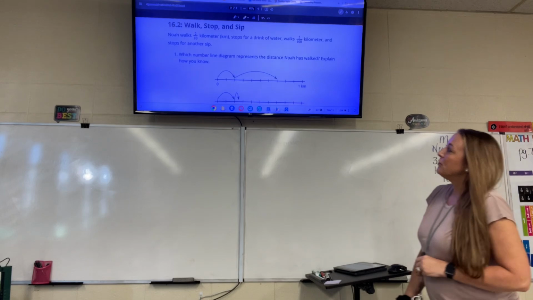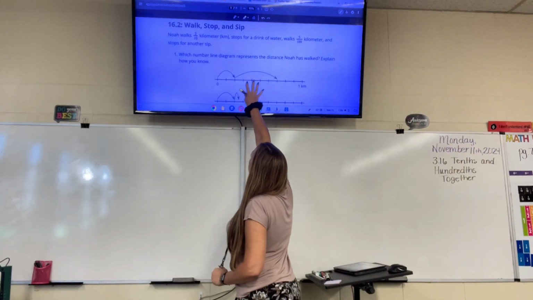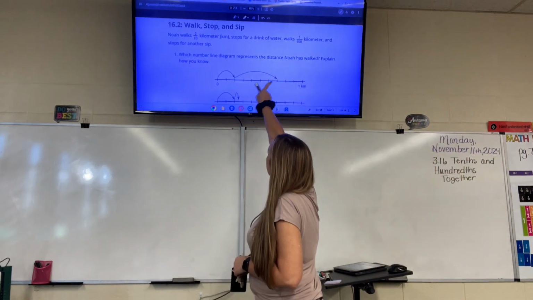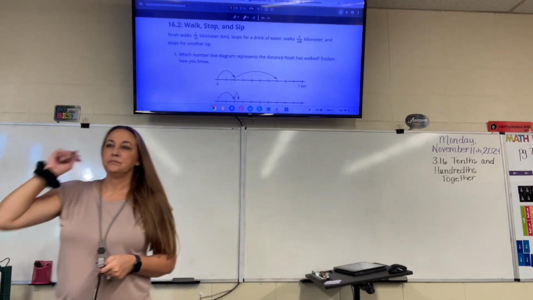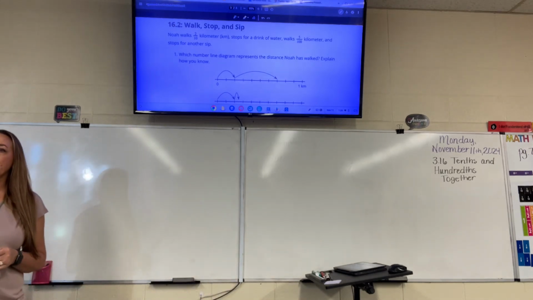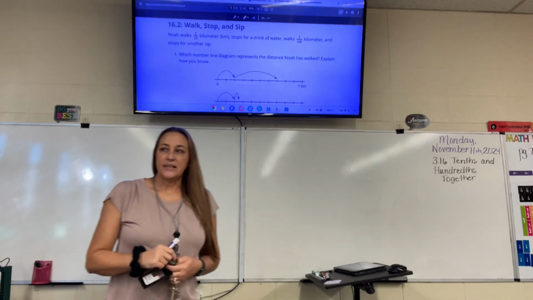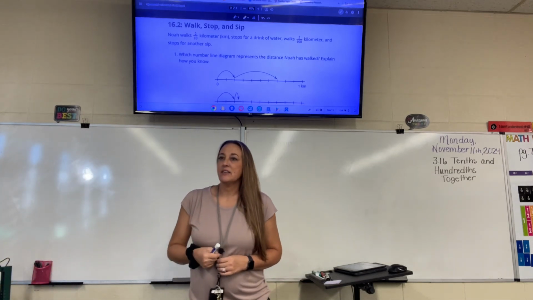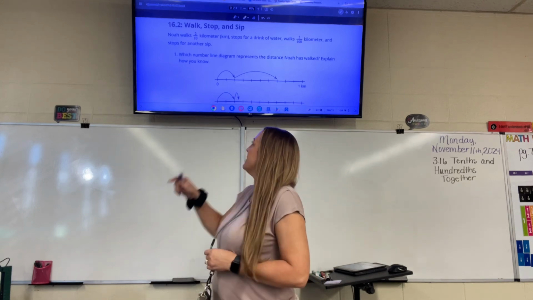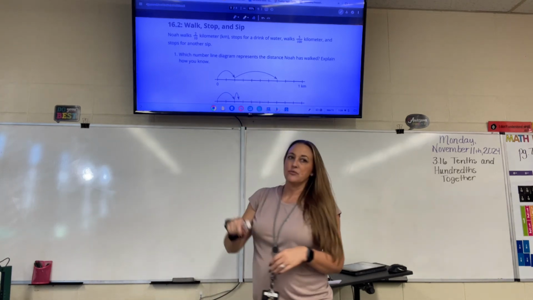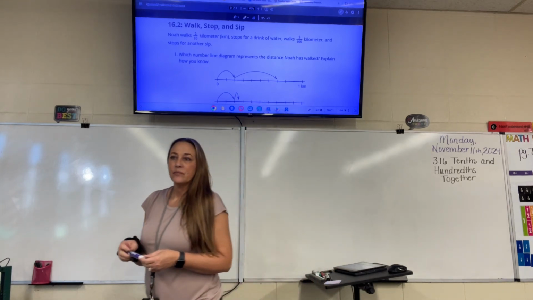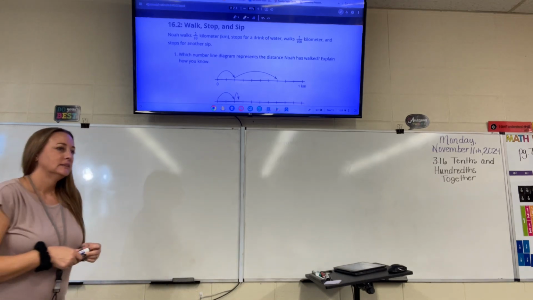So, if you think that this first diagram represents what Noah walked, raise your hand. Hands down. If you think that the second number line diagram is what Noah walked, raise your hand. Okay. All right.